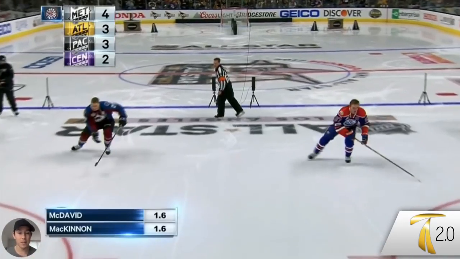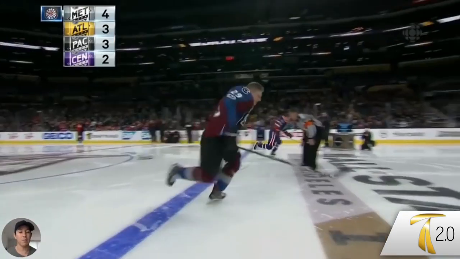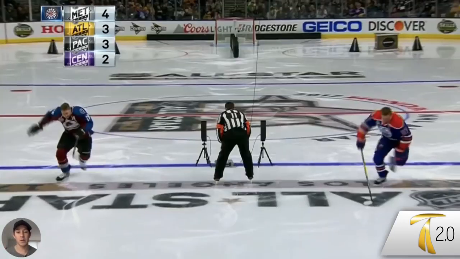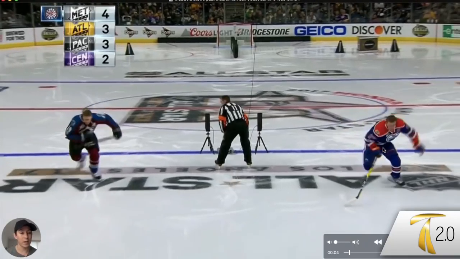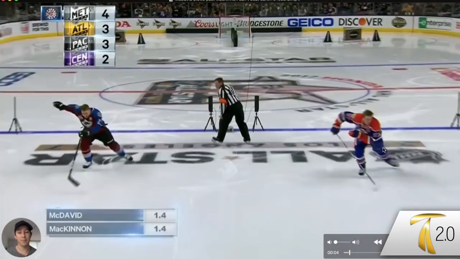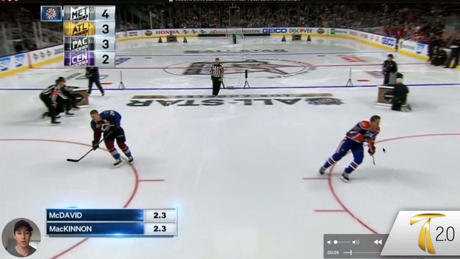So the difference, I think, is McDavid actually has the more efficient footwork pattern too, because if you watch, they both are pushing off their left foot, but the way McDavid's feet line up, he's able to go right into his crossover, whereas MacKinnon has to kind of reorient his feet before getting into his crossover.